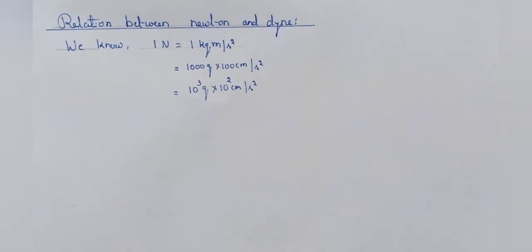Next, 10 to the power of 3 into 10 to the power of 2 is equal to 10 to the power of 5. So therefore, 1 Newton is equal to 10 to the power of 5 gram centimeter per second square. You know, 1 gram centimeter per second square is nothing but 1 dyne. Therefore, 1 Newton is equal to 10 to the power of 5 dyne.